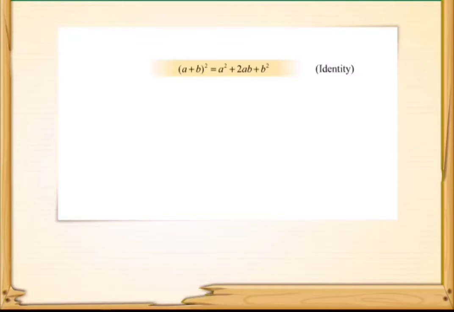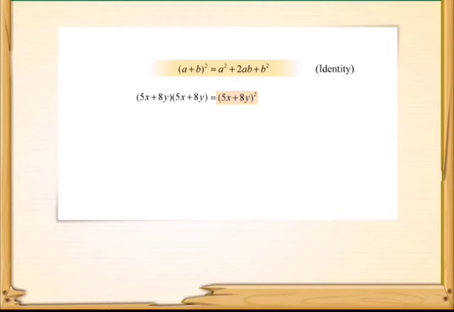You will now learn to use the first identity, (a plus b) whole square, to solve the binomial expression 5x plus 8y multiplied by 5x plus 8y. Note, this expression can be written as (5x plus 8y) whole square.